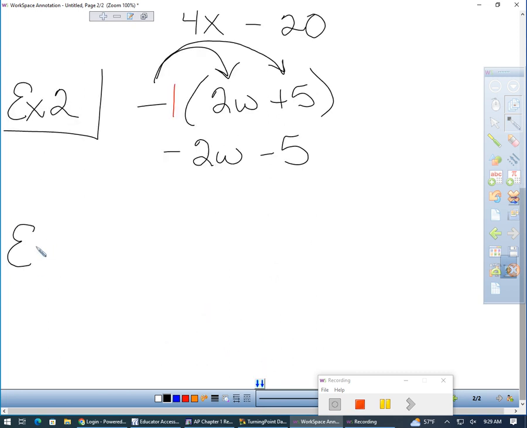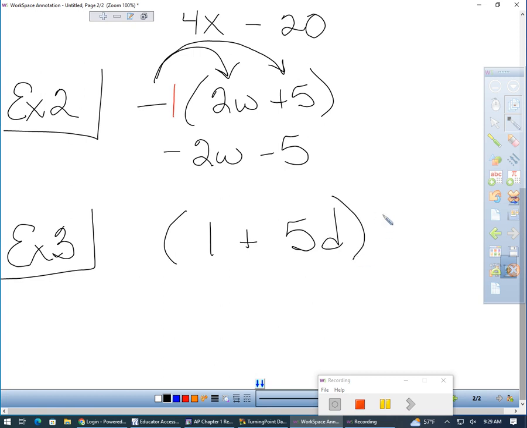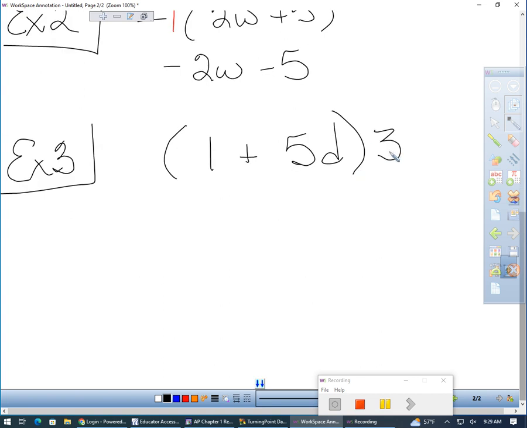Example number 3. What if you get one that looks like this today? Let's say you have 1 plus 5d, and then you have a 3 on the back. Now, I personally would rather see you just write it in the front because it's the same thing.